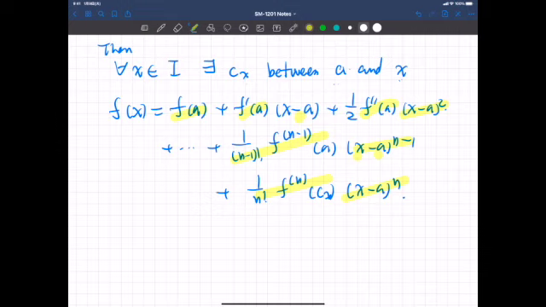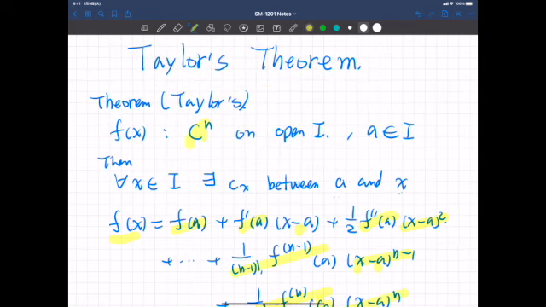So this function can be approximated by a polynomial function like this. So if we choose an appropriate value of cx, we can approximate any function as long as it's Cn.